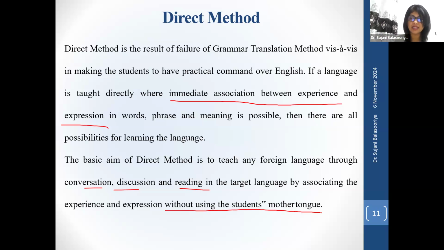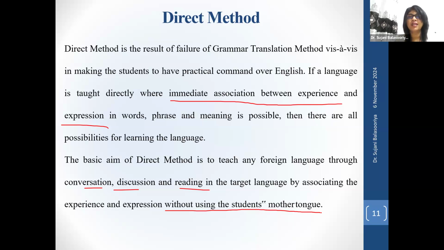So directly the teacher is using the target language to convince the learners, to make the learners understand what the teacher is trying to say. Teacher uses only the target language. That's all.